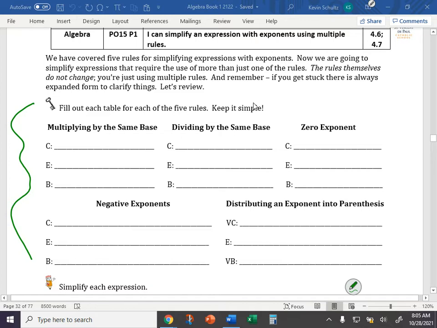For review, what happens to the coefficients when multiplying by the same base? This is back to CO10. What happens to those coefficients when we multiply by the same base?